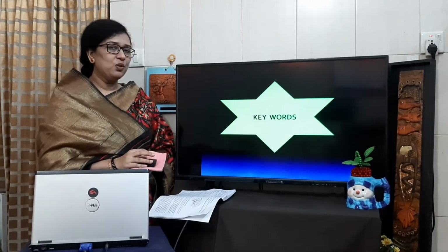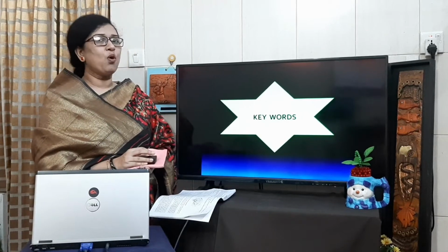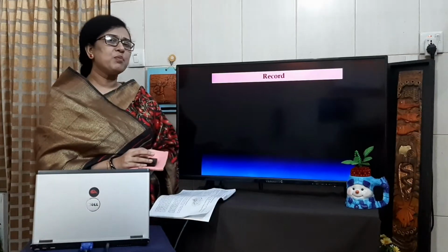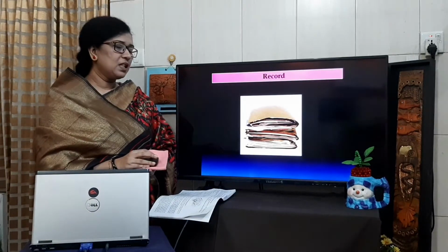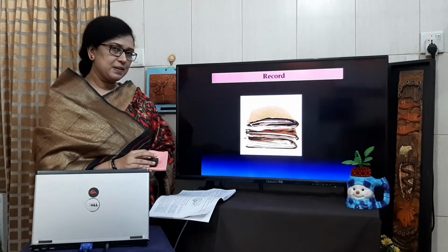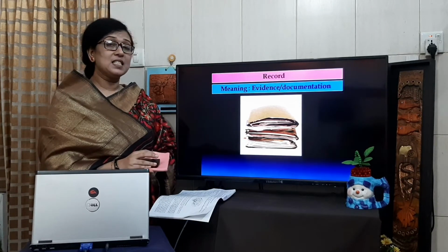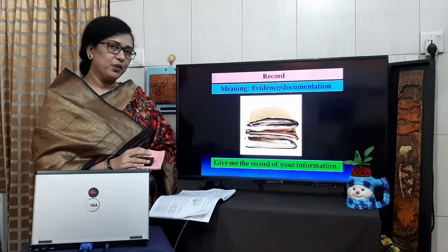Before going to read this lesson, we have to know some new words, that means vocabs, and the words are: first number, record. These are the files. We have seen this in offices. So the meaning of record is evidence or documentation. And here is an example for you.